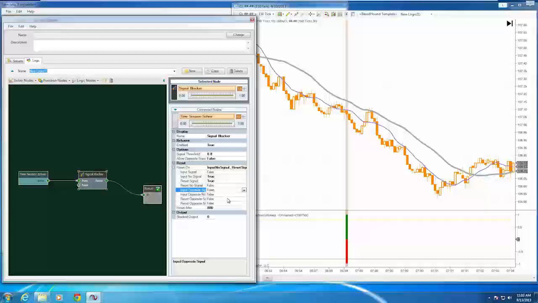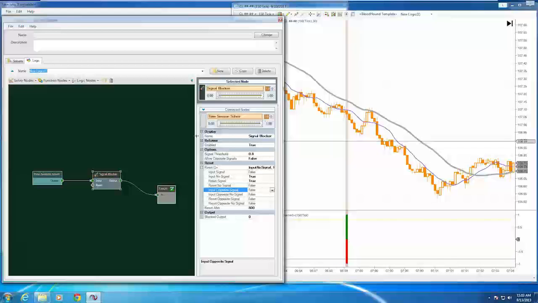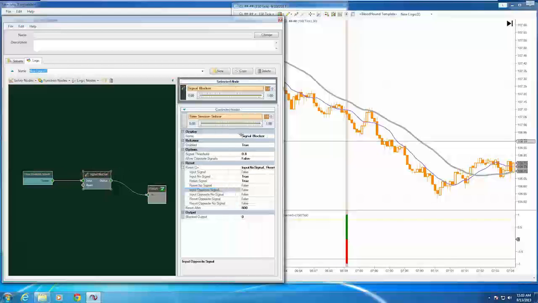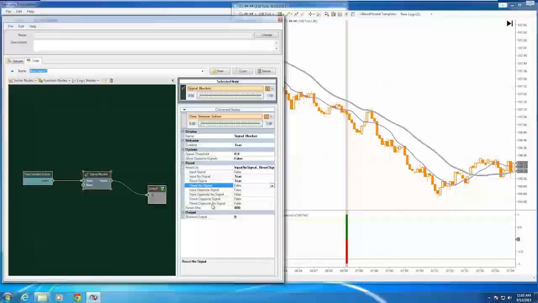Like say you're dealing with the long side, and something occurs on the short side. You can force the reset behavior to occur just by setting one of these to true. So these are opposite signals.